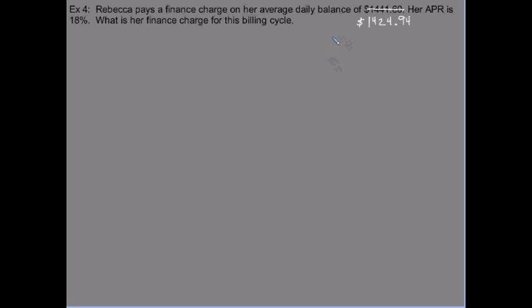Her APR is 18%. So first we find the monthly periodic rate. We take that 18% and we divide it by 12. That's 1.5%. And then we convert that to a decimal by moving 2 places to the left. So that's 0.015.